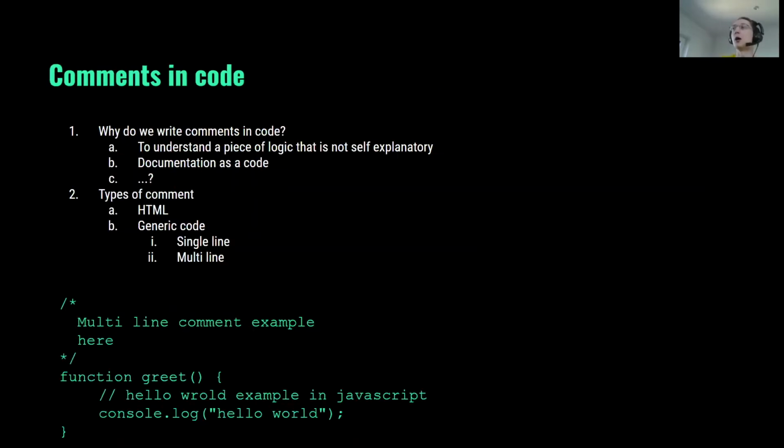Moving on. Why do we want to write comments in code in general? Well, I remember in university when I told my teacher, hey, but I know what I wrote here and I will remember what I wrote there. And I don't need any comments next to that line because I can understand what is written there.